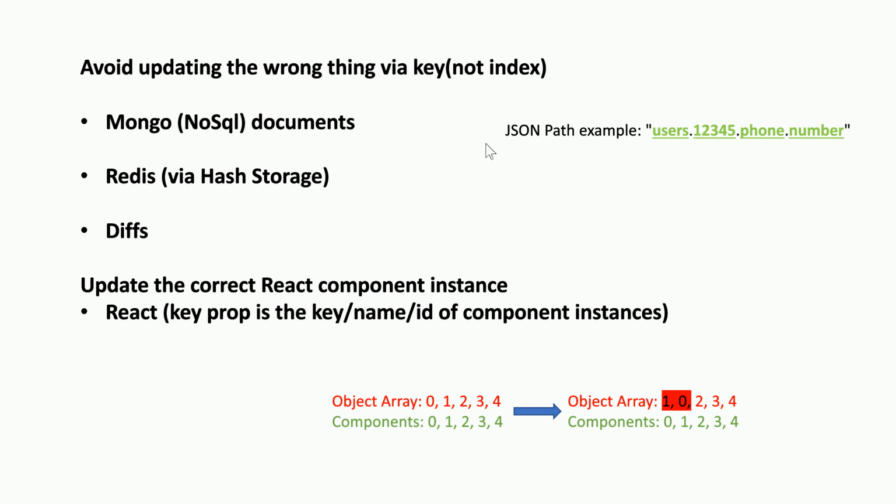So we've talked about how state normalization can reduce complexity and also add to reliability in our state management, and also out in the persistence layer as well, especially if you're using Mongo or Redis. Also, the exact same principle holds true for diffs, because inside of diffs, they call out locations of a model with new updated values for those locations.